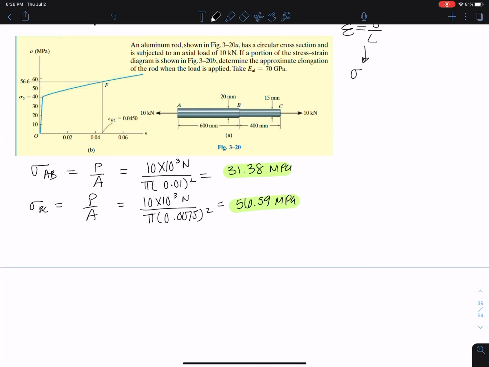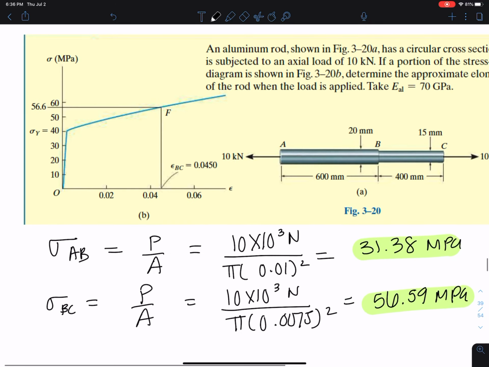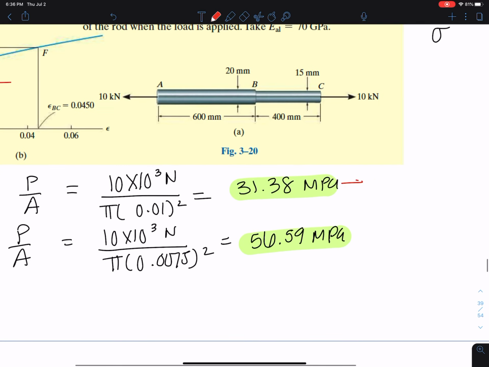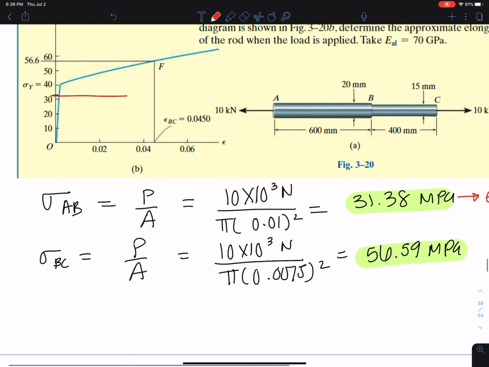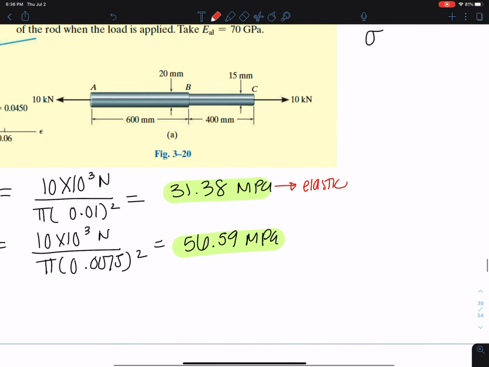Okay, so now we need to check what kind of deformation each of these sections experiences. So let's go to our diagram and look at 31.38 MPa. Let's just say it's somewhere here, right? That's in the elastic region. Okay, 56.59, clearly that is plastic.